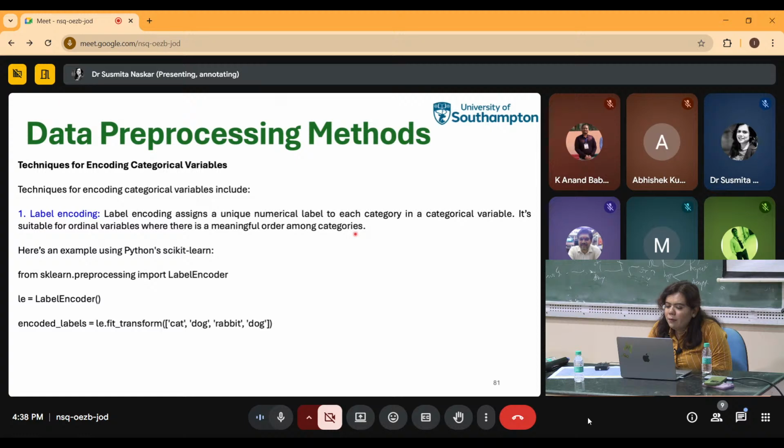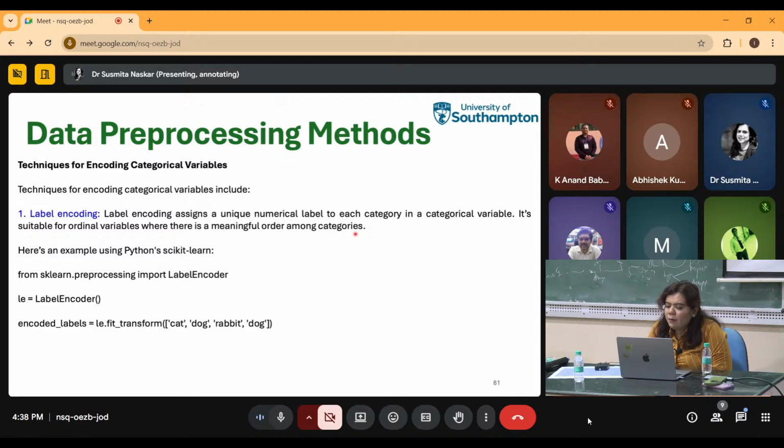This process converts text data into numerical data that the machine learning model can further analyze. In short, label encoding is simple and efficient for ordinal categories, but you need to be very careful using it on purely nominal data to avoid introducing unintended bias.